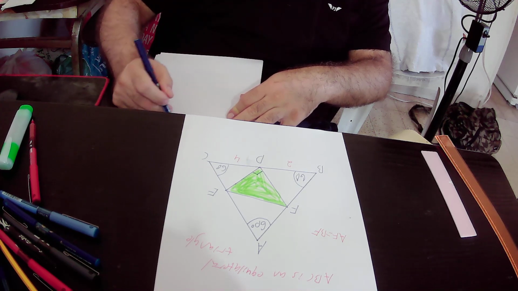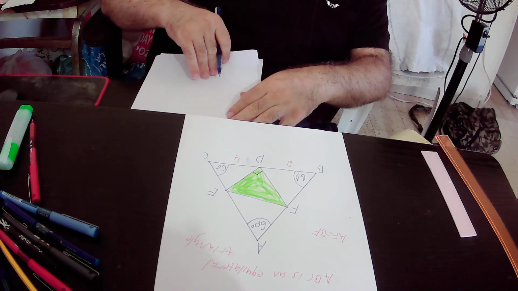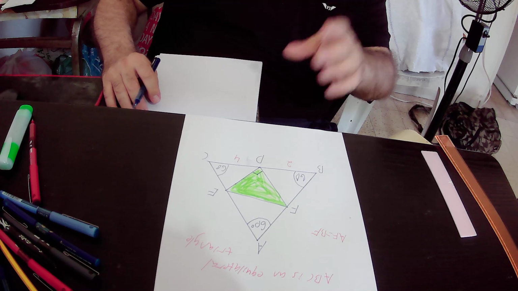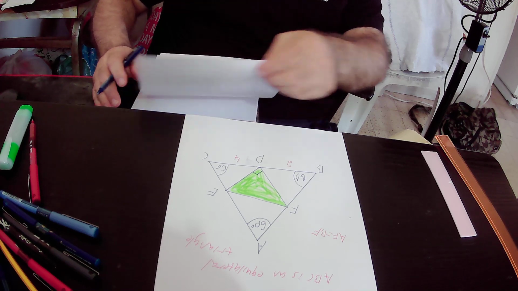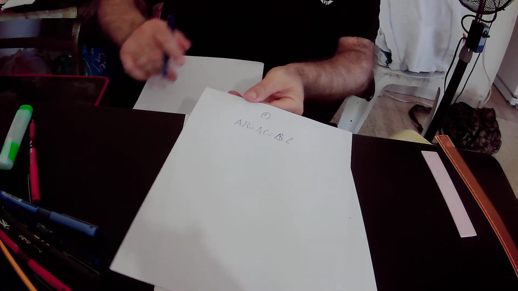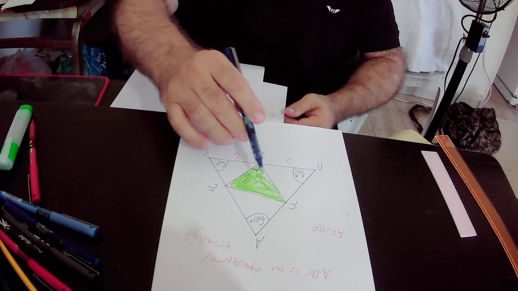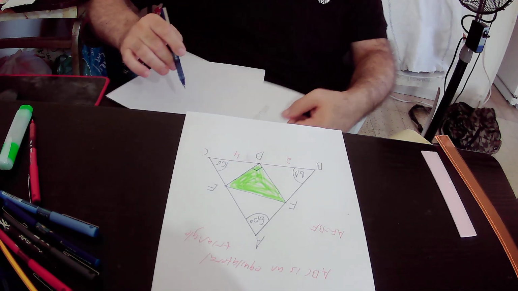Okay, all the sides of an equilateral triangle are equal to each other. It means that AB equals AC equals BC in the equilateral triangle ABC.